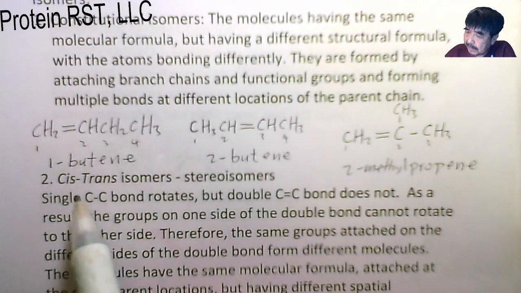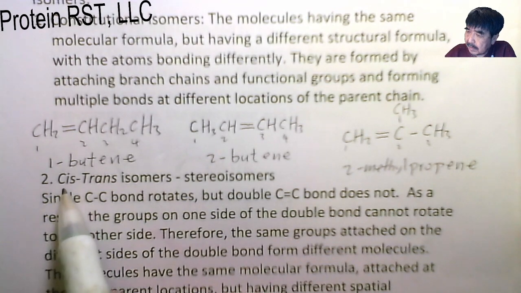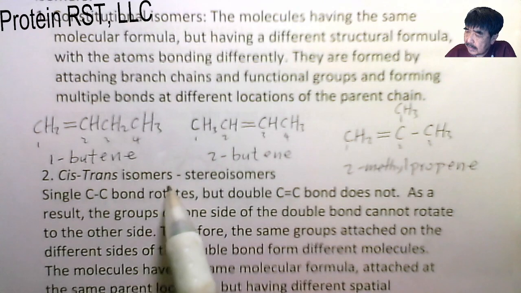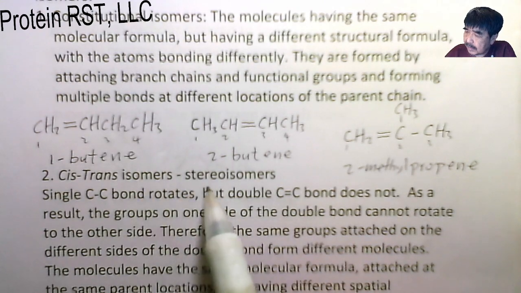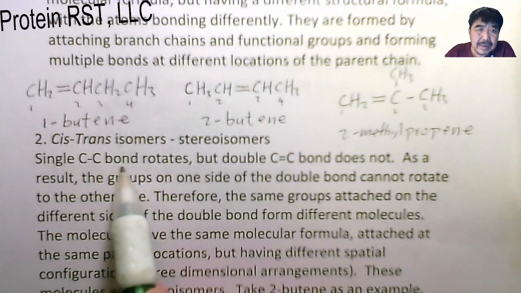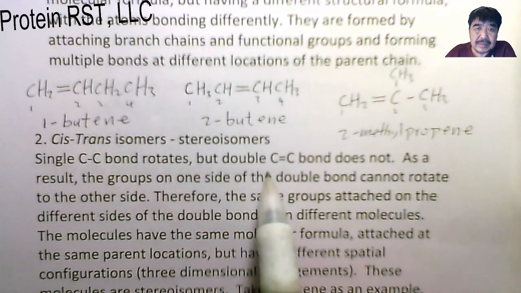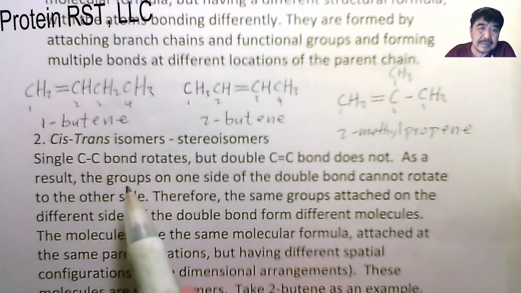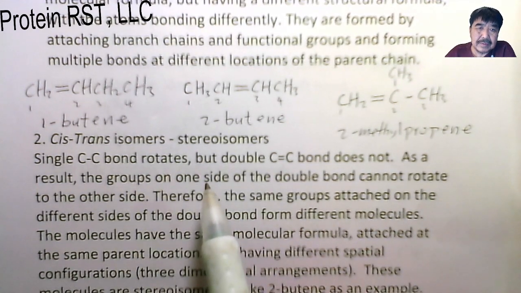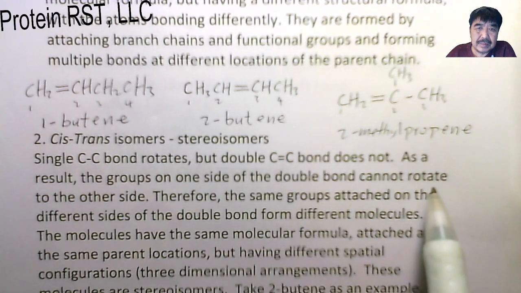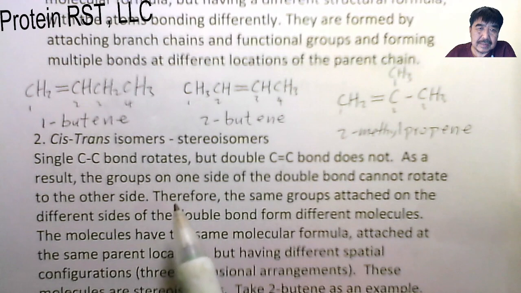The second type of isomers is called cis-trans isomers. Those isomers are stereoisomers. A single carbon-carbon bond rotates, but a double carbon-carbon bond doesn't. As a result, the groups on one side of a double bond cannot rotate to the other side.